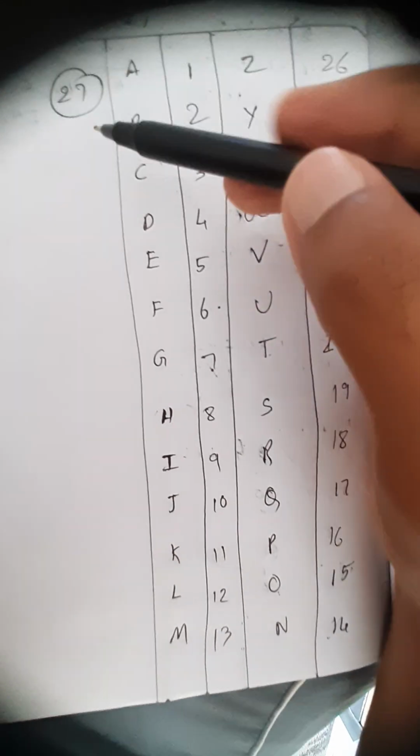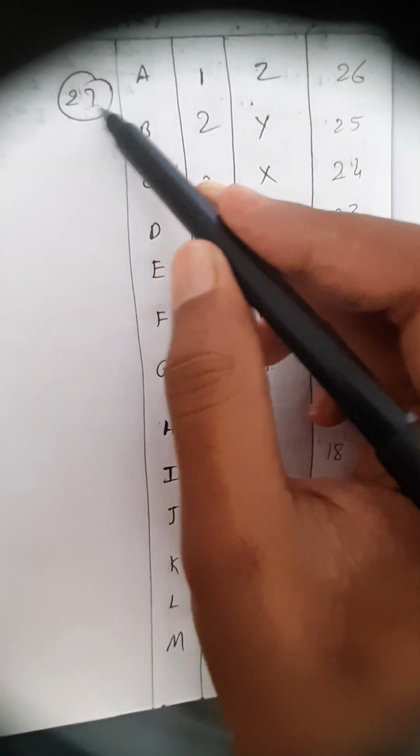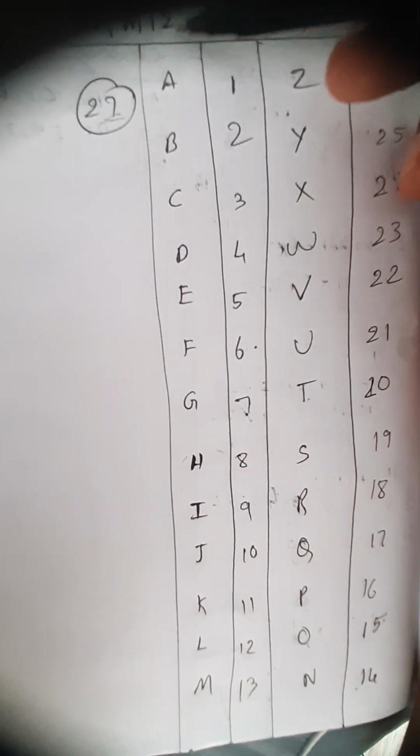Although we have 26 alphabets, to make this easier we should remember the number 27, and you will be calculating every series of these alphabets using 27. So you just have to remember only this line.